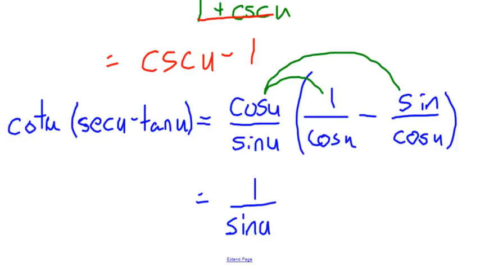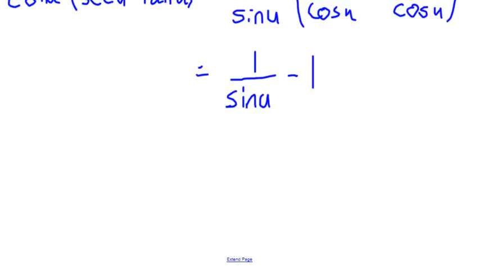So we have something divided by itself, and that simplifies down to 1. So we have 1 over sine u minus 1. Okay, 1 over sine u is cosecant u, minus 1. Okay, and that's where we wanted to simplify it to.